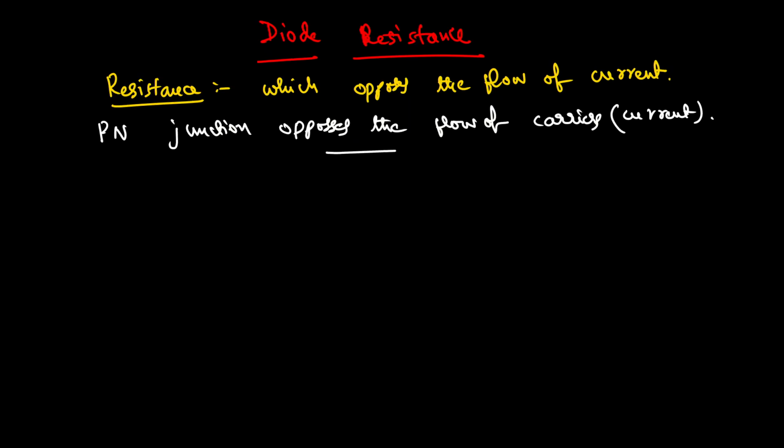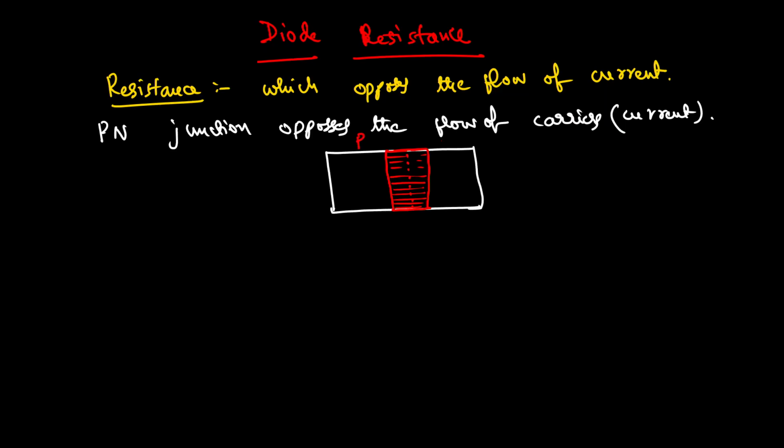Now I am drawing the PN junction diode construction. Let us assume it is a PN junction diode which consists of the depletion layer. The layer is located exactly at the middle of the PN junction like this. This layer consists of immobile ions, so I am drawing dotted lines like this, and finally this junction opposes the flow of majority carriers.